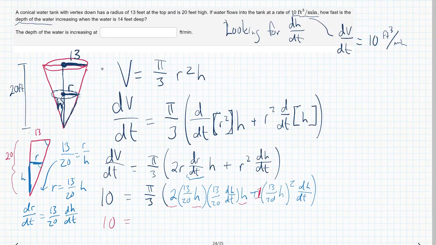So notice this is 10 equals pi over 3 times 13 over 20 h, and we're squaring that part, and then times dh/dt.